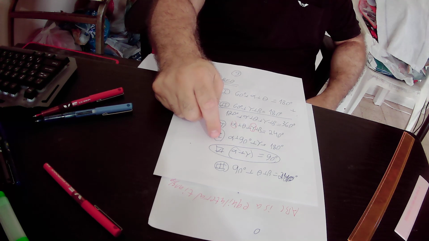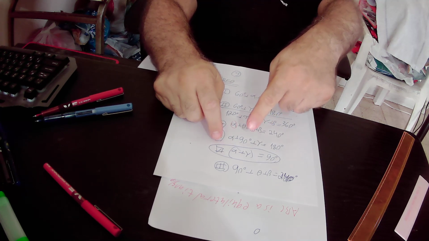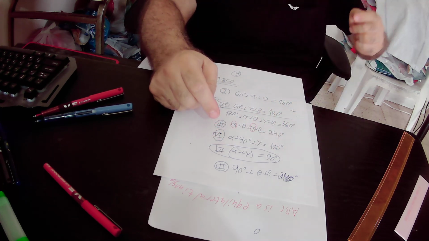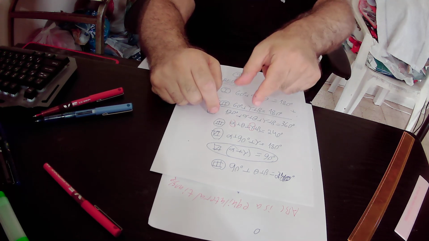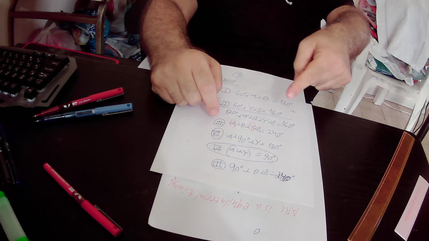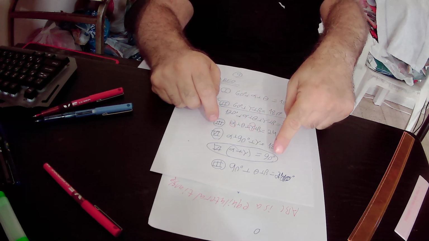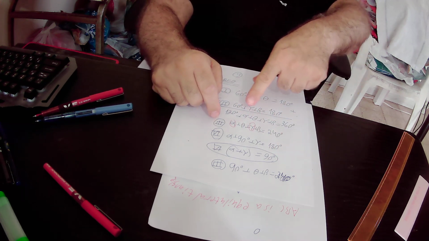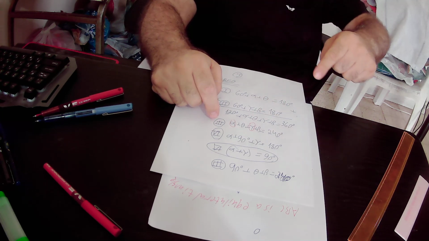So from equation number 4, we derive this equality: alpha plus gamma equals 90 degrees. But in the third equation, we have alpha plus gamma. So we can substitute alpha plus gamma by 90 degrees in the third equation, because alpha plus gamma equals 90 degrees.